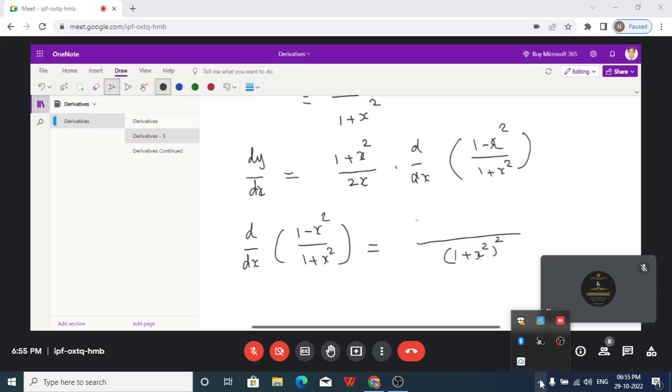Then v into du by dx, which is minus 2x. If you have any doubt, ask me. So v into du dx is written. Next, u into dv dx, which is 2x.